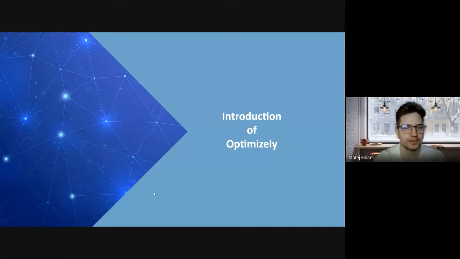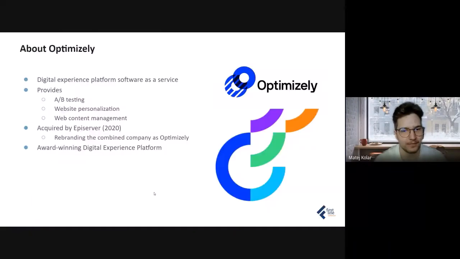Okay, so about Optimizely as a company, it's an American company that provides a digital experience platform software as a service, provides A/B testing and multivariate testing tools, website personalization, and feature toggle capabilities, as well as web content management and digital commerce.